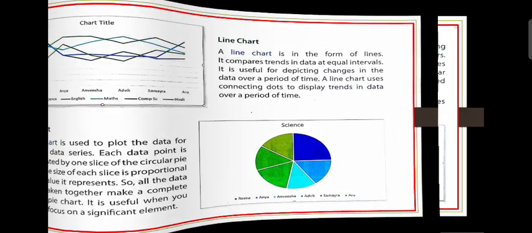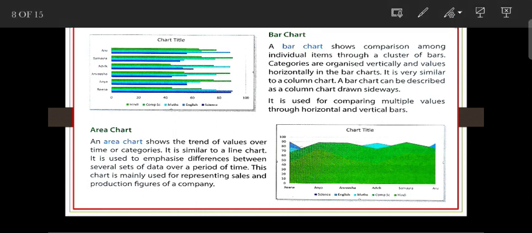Next is the bar chart. We all know what a bar chart is, and the bar chart shows the comparison among individual items through a cluster of bars. The categories are organized vertically.